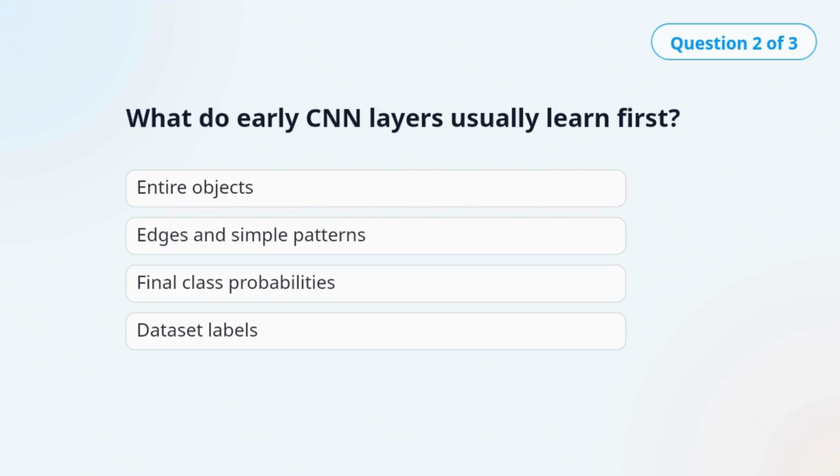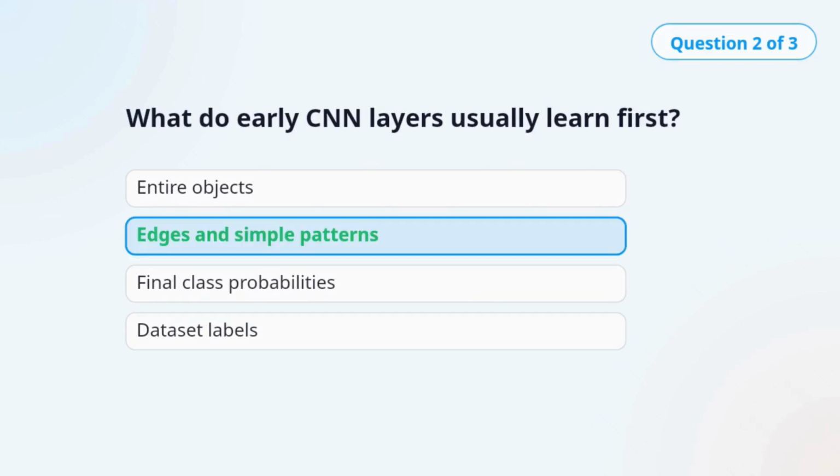Question 2. What do early CNN layers usually learn first? The correct answer is edges and simple patterns. Earlier layers focus on simple visual features like edges, lines, and color transitions.